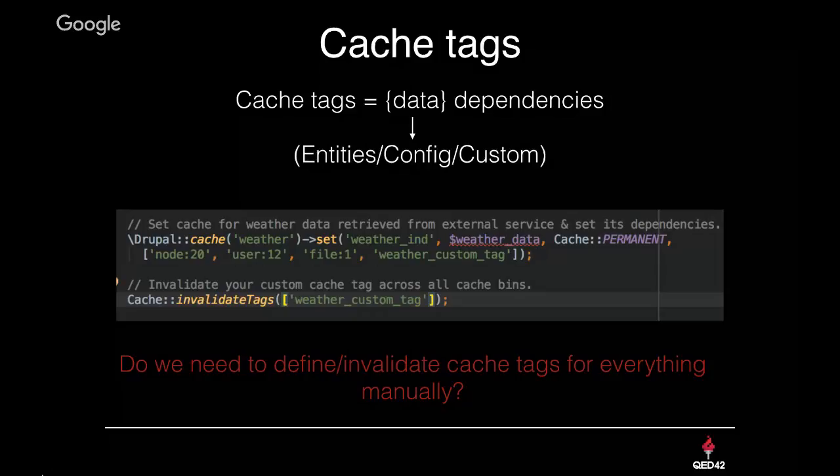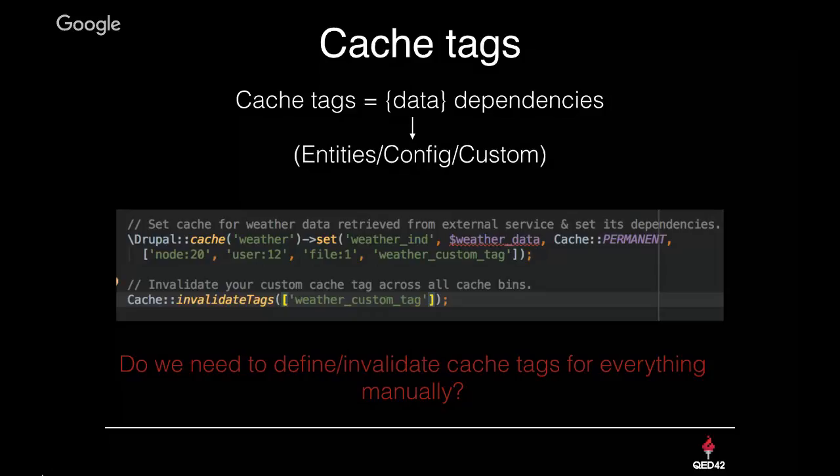Okay. Now another question comes around, do we need to add these cache tags for anything and everything in the code? The answer is no. Entities or configurations, they come with the cache tags automatically. So whenever you're doing a node view, the output which you'll get will already have cache tags with it.